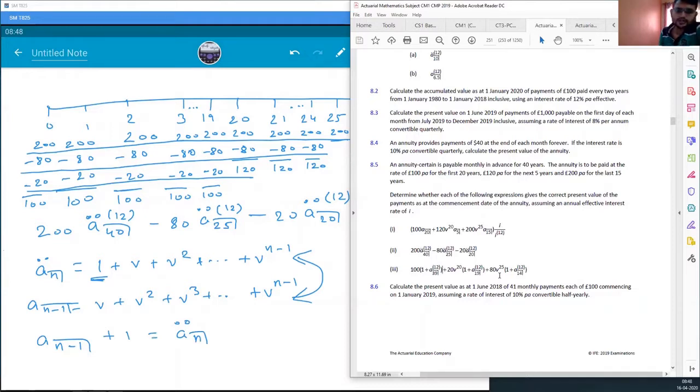But this works only for annual payments. I cannot say that for payable p times, this will not be equal. So that is why I cannot substitute this with this. That is what they have done here.